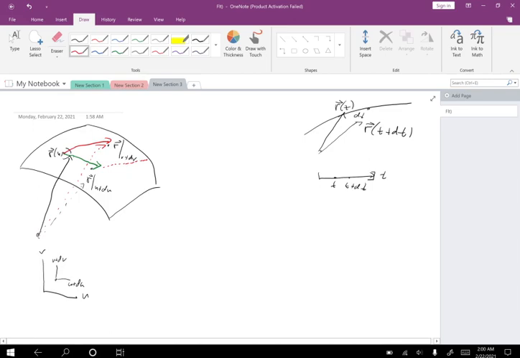Let's see if I can draw that parallelogram nicely. Oh, this isn't too bad. So now the area of this parallelogram, it'll be the cross product of A times B, right? Where A will be the u displacement vector, and B will be the v one.